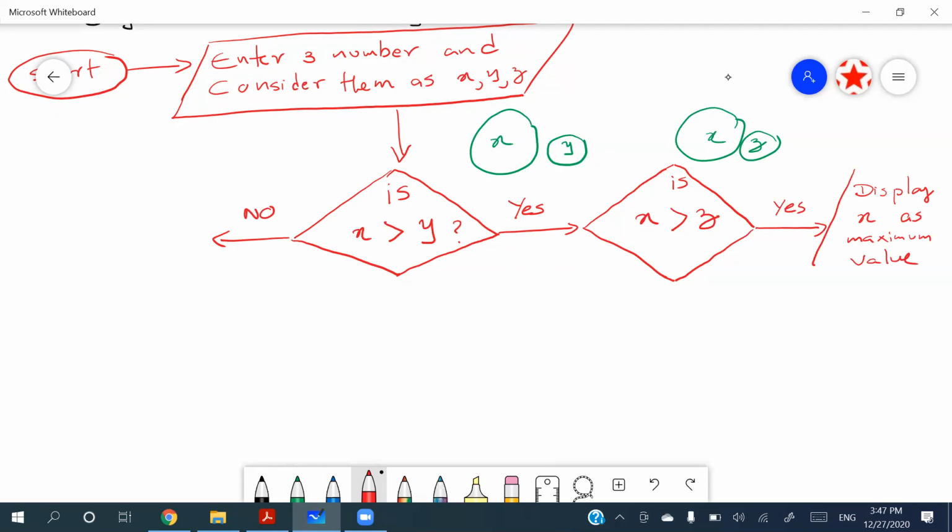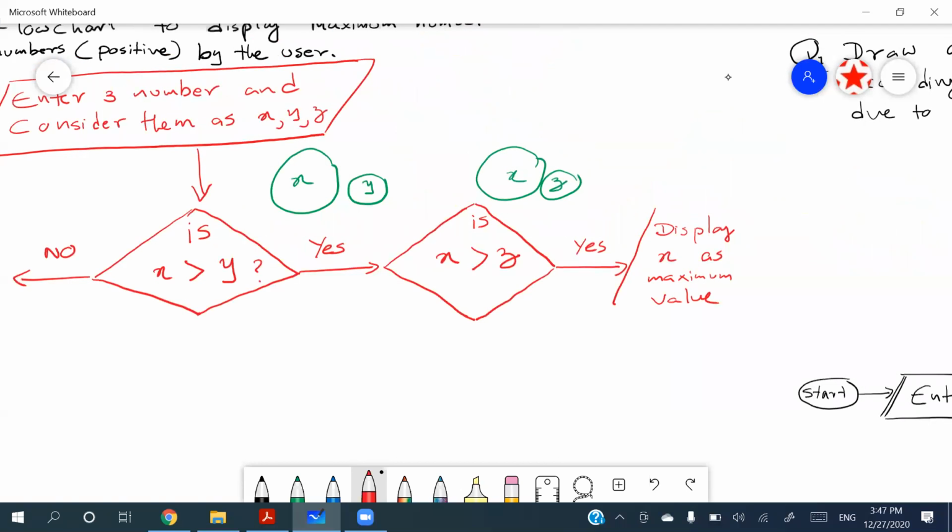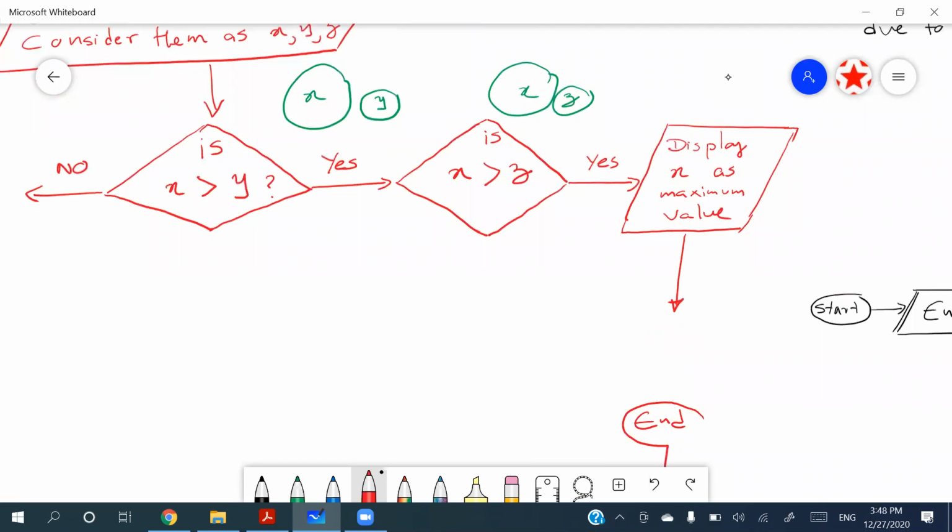This should go inside a parallelogram since it is an output. And then it can end. And logically, that is what should happen.